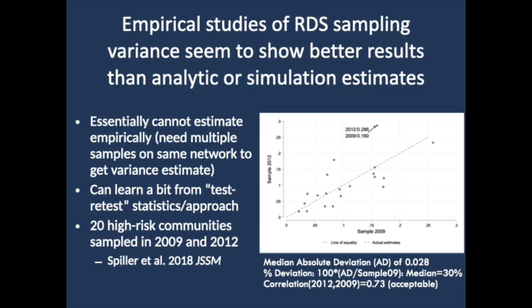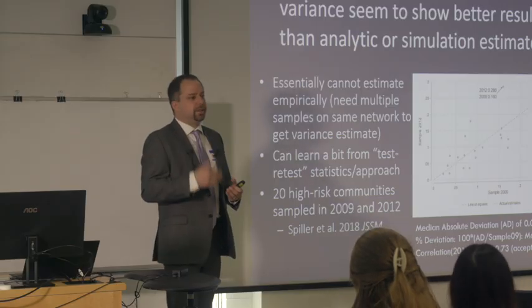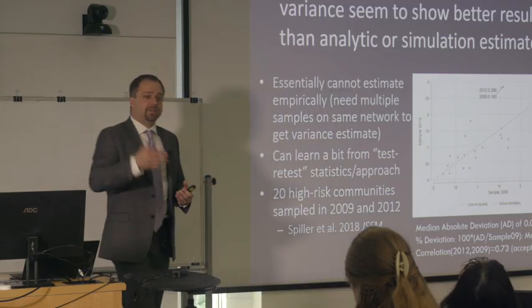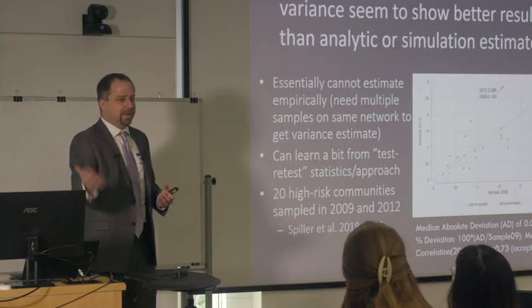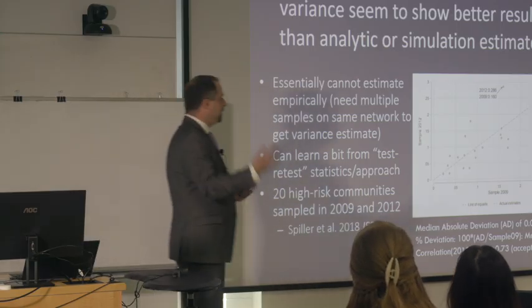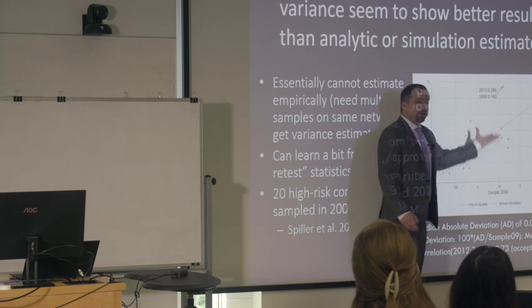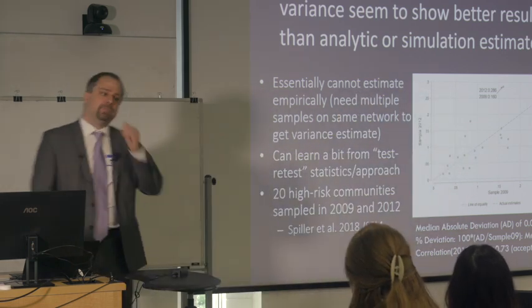One caution I want to give here is about analytic estimates of RDS, the empirical results, where they took, for instance, the National HIV Behavioral Surveillance System, which did RDS in Seattle in 2009 and 2011. When they took the estimates for Seattle versus Georgia, or versus Atlanta versus Miami, and did a test-retest correlation, the variability is not as large as the mathematical and simulation-based models would imply.